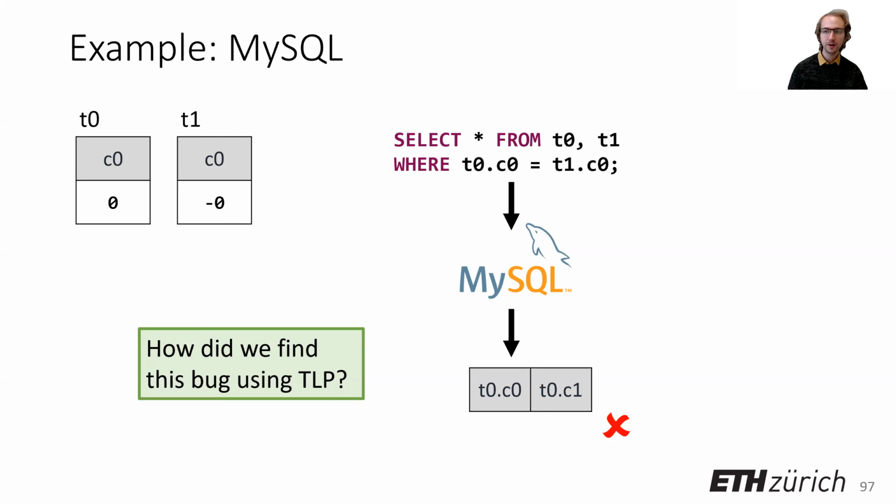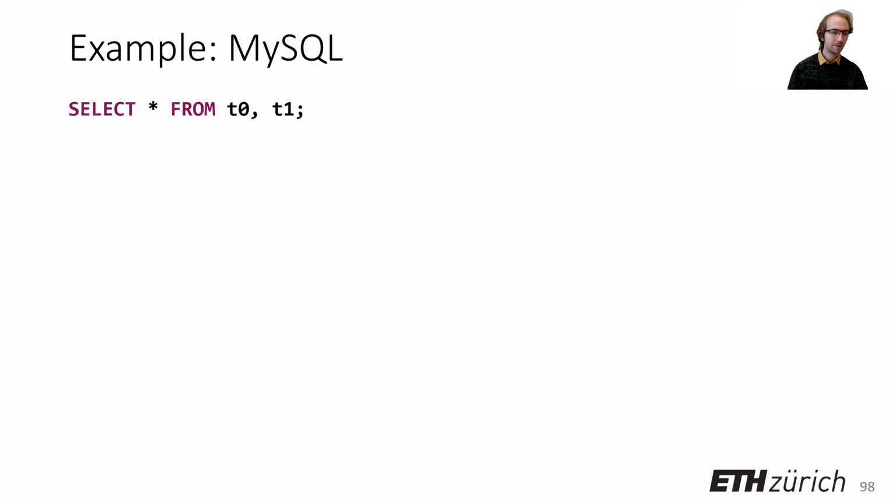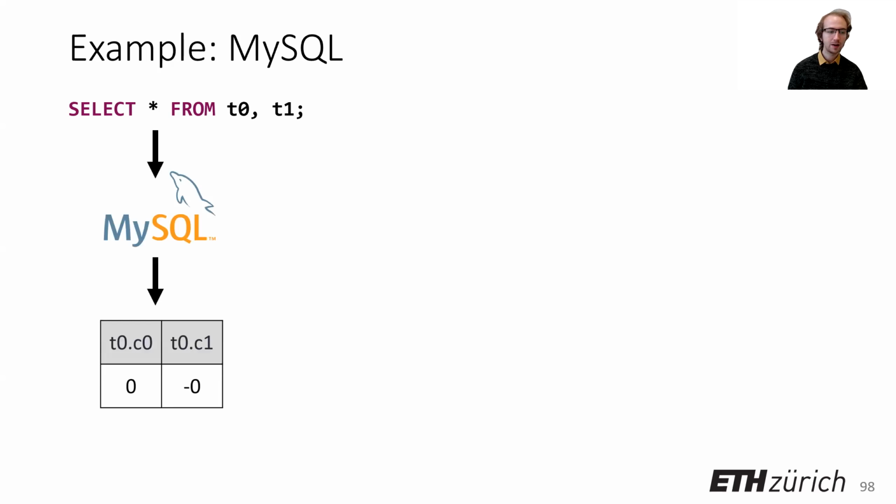How do we define this bug using TLP? Well, we first generated this original query that simply fetches the cross product of all values from T0 and T1. Now, this query is expected to not trigger any bugs in MySQL and also hopefully not in other DBMSs. And indeed, MySQL fetched the correct result.